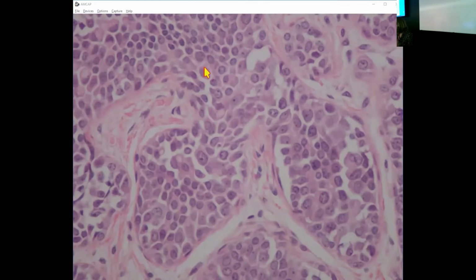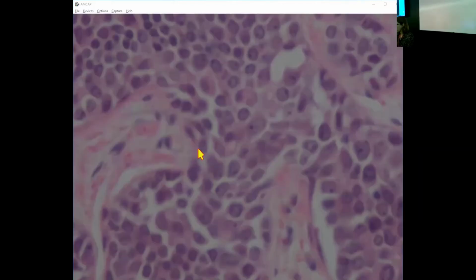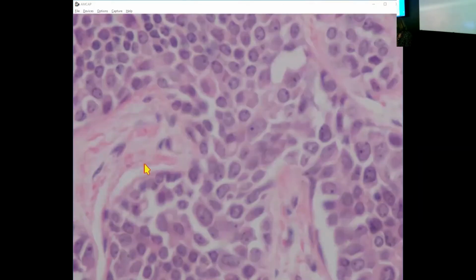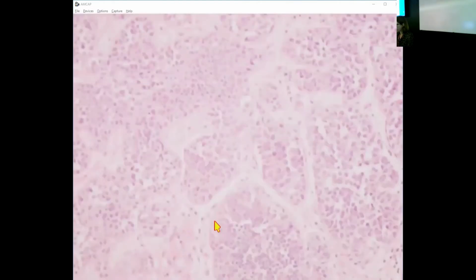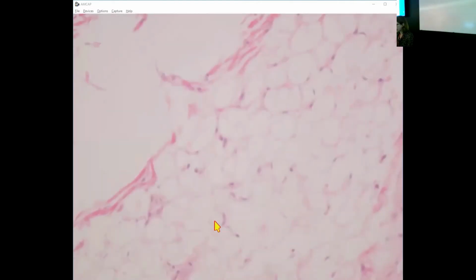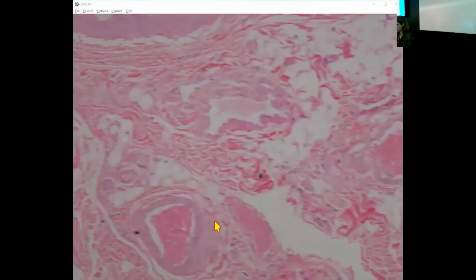So LCIS, and Eddie's going to talk more about this, has degrees of nuclear atypia. But if you start to see significant populations of cells with a lot of nuclear pleomorphism, that would really push you into a pleomorphic LCIS rather than just classic LCIS. And I think maybe this other area was a little bit more atypical.